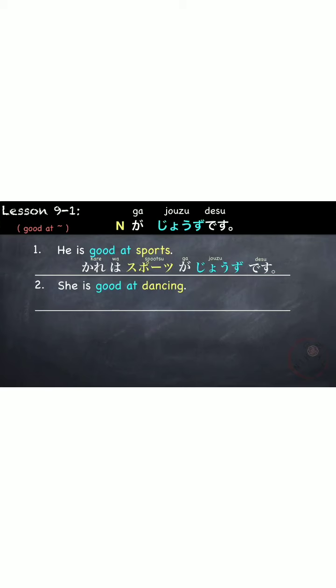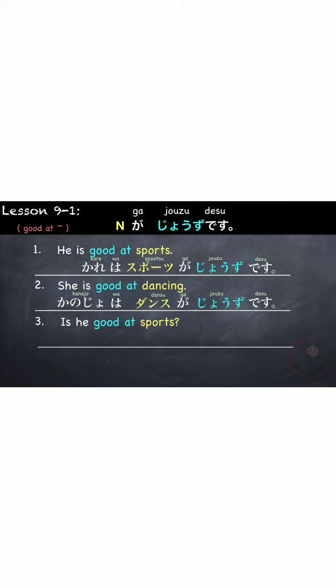She is good at dancing. First, our subject is 彼女は, dancing is ダンス followed by the particle が and then to be good at, 上手です。彼女はダンスが上手です。Now to ask the question, for example, is he good at sports?